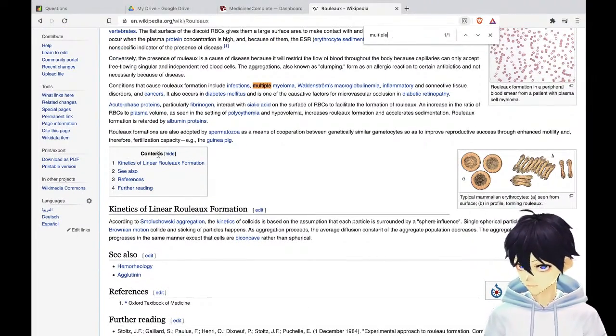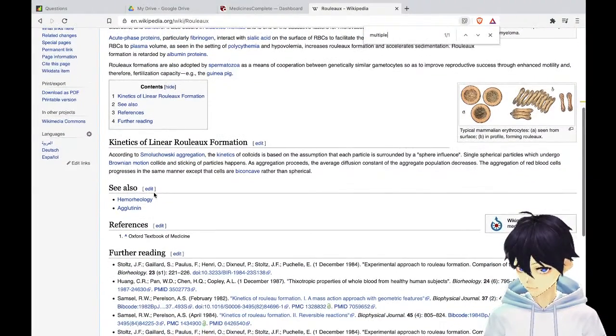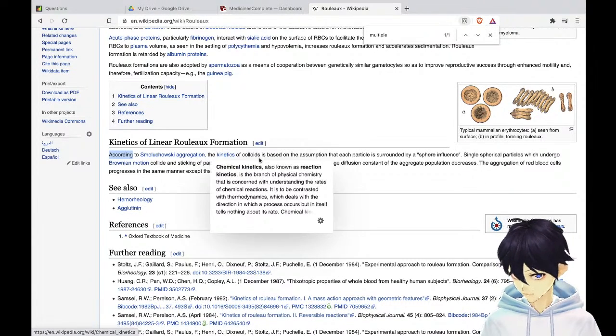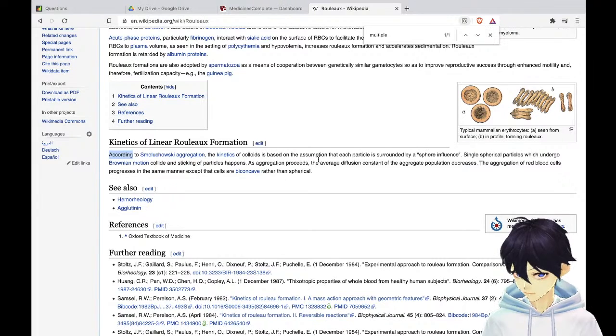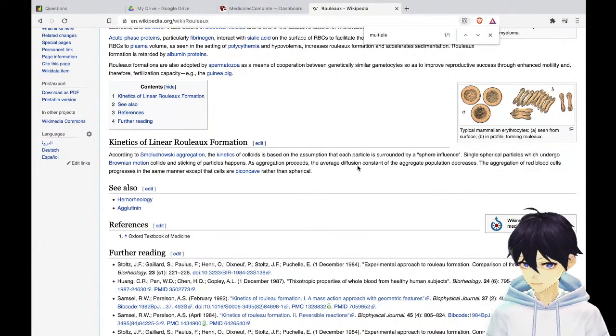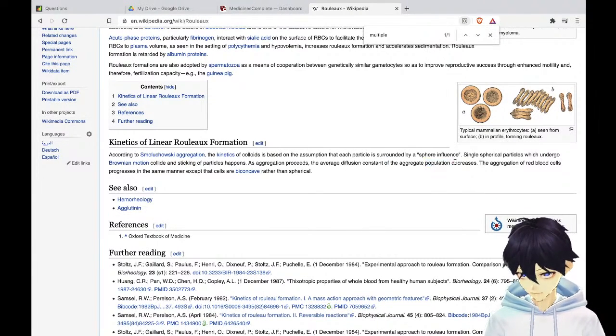So you have kinetics of linear rouleaux formation according to this person. Smoluchowski aggregation of the kinetics of colloids is based on the assumption that each particle is surrounded by a sphere of influence. As aggregation proceeds, the average diffusion constant of the aggregate population decreases.